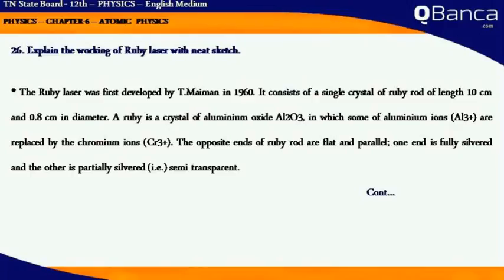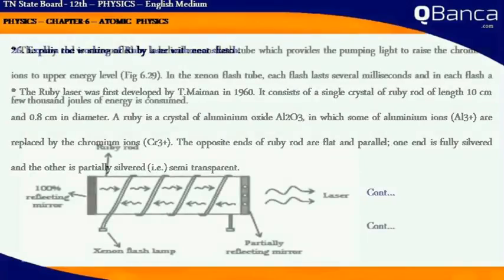A ruby is a crystal of aluminium oxide Al2O3 in which some of the aluminium ions Al3+ are replaced by the chromium ions Cr3+. The opposite ends of the ruby rod are flat and parallel. One end is fully silvered and the other is partially silvered.